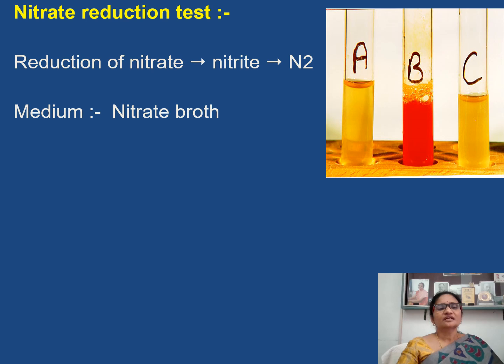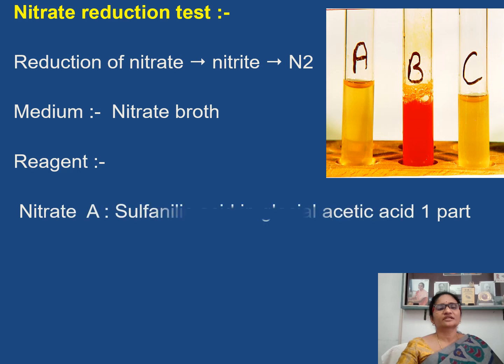That means reduction of nitrate to nitrite, and nitrite is reduced to nitrogen gas, by production of the enzymes nitrate reductase and nitrite reductase. So how to detect that particular test? With the help of nitrate broth.